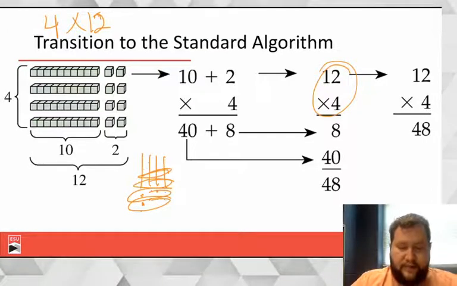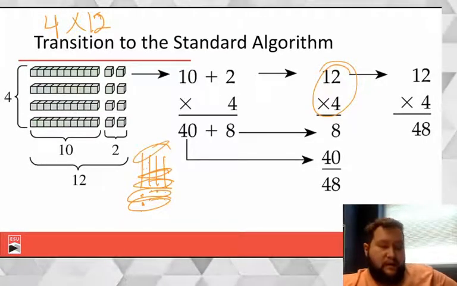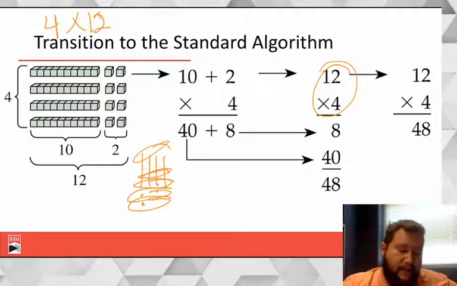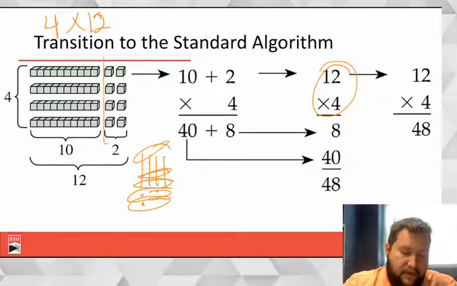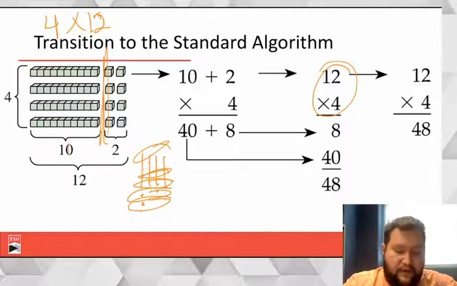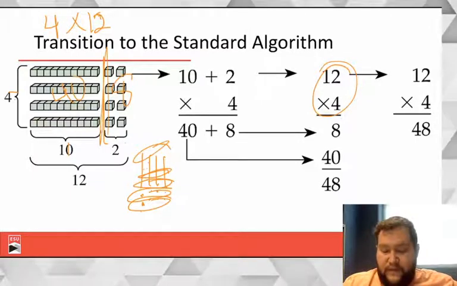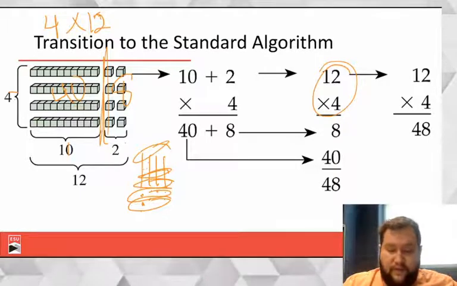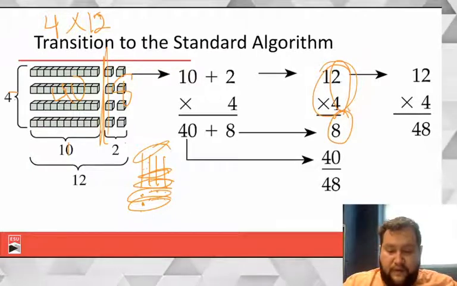I'm not going to write them all, but 12 groups of 4. So we have 4 times 12, and we can look at place value. 4 times 10 is 40, 4 times 2 is 8, that's 48. So just like we do, 4 times 2 is 8, and then 4 times 10 is 40.